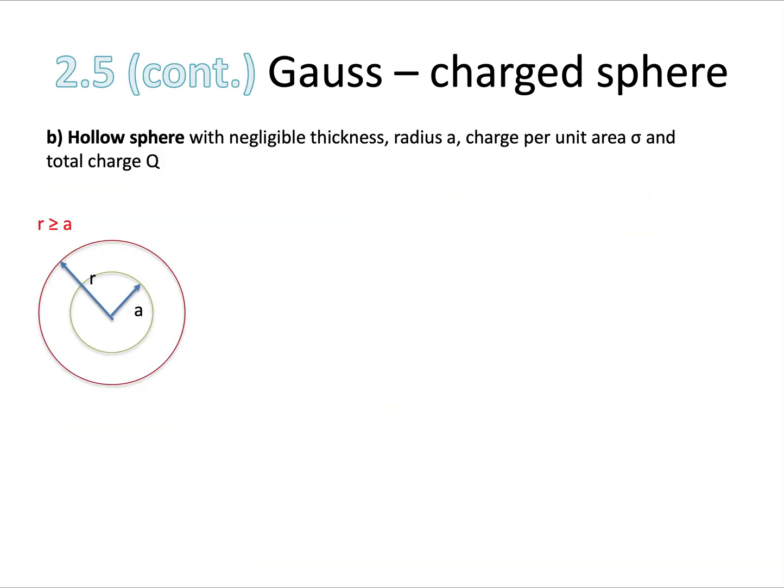The next shape we will look at is a charged hollow sphere, or a shell. Firstly, let's put the Gaussian surface outside of the charged shell. When we use Gauss's law and integrate over the surface, we get exactly the same for the left-hand side of Gauss's law as with the charged solid sphere, and we also get exactly the same right-hand side, as again the total charge of the shell is fully enclosed by the Gaussian surface.